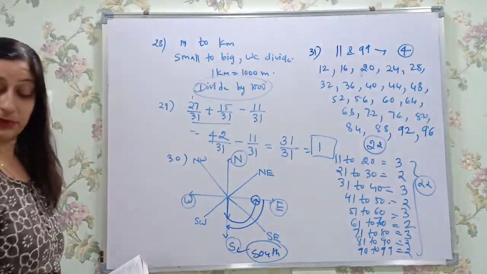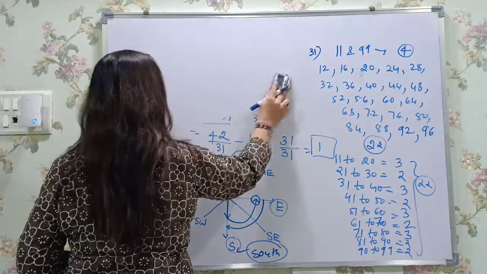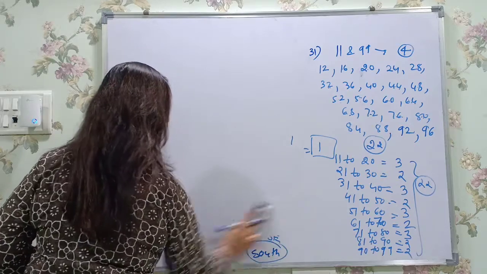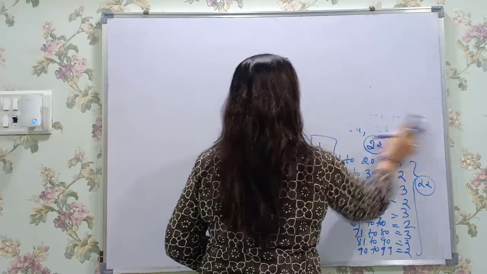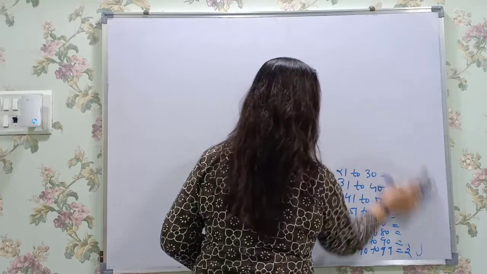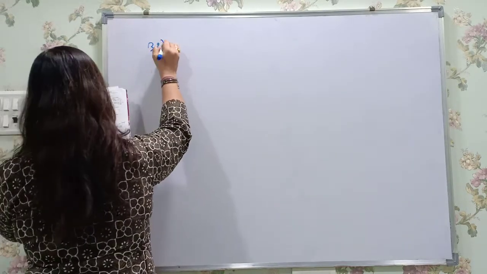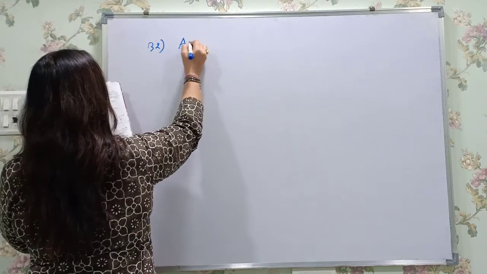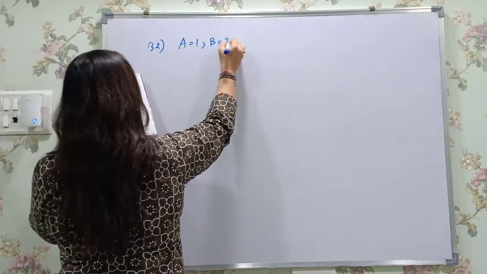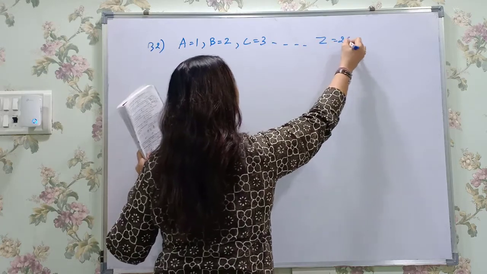Okay. Sum number 32. If A is 1, B is 2, C is 3 and so on, so what is Z? 26.